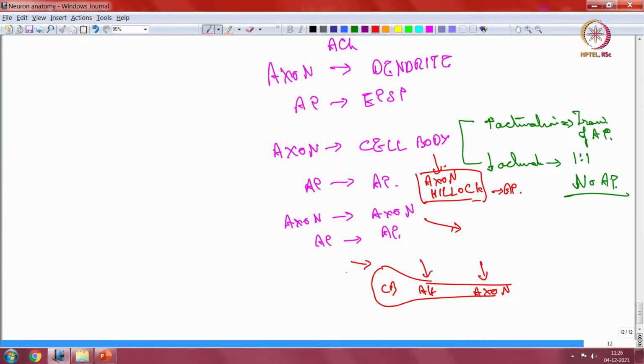So, the first one is here. First one just produces current which is integrated over here. The second one is on the cell body, which is integrated over here, integrated in the sense that there is a decision step in this place. So, the decision step here actually it is modulation.